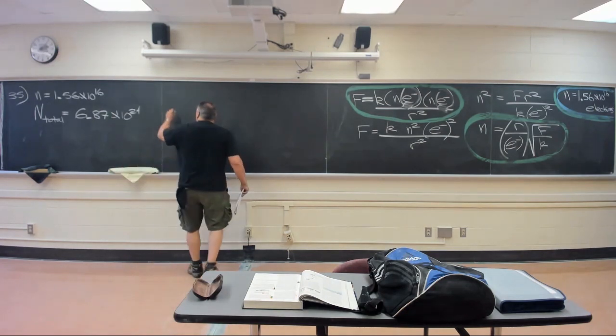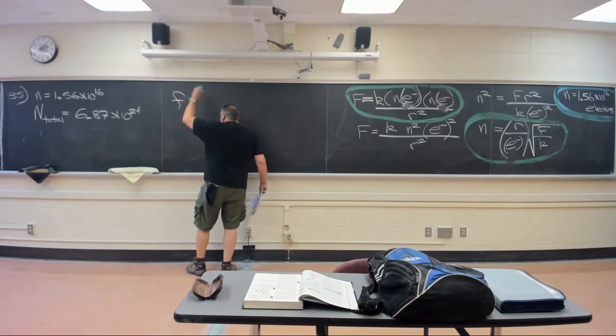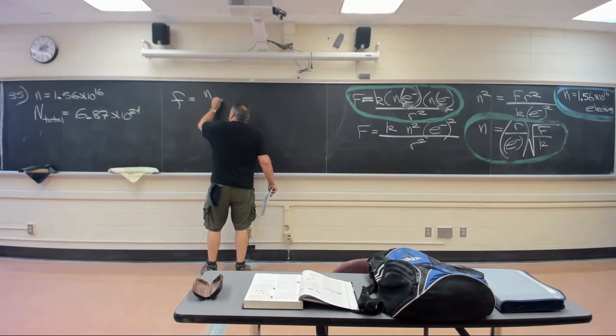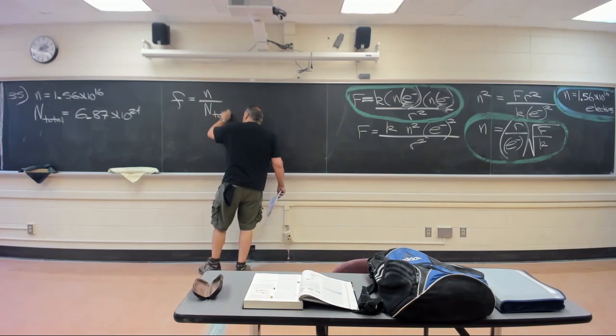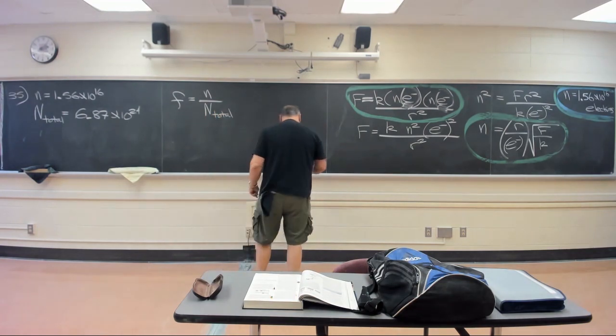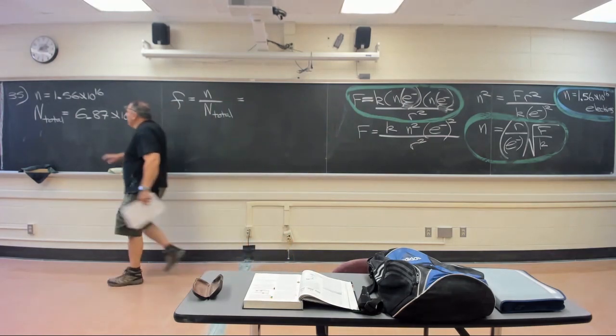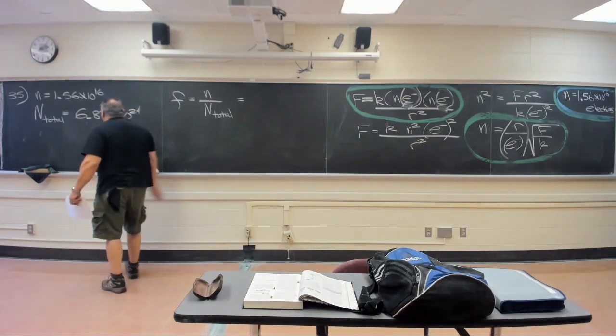The fraction, I'll call it F for fraction. There are numerous symbols you can use. How about small n over capital N subtotal? What does that equal? It equals this divided by that.